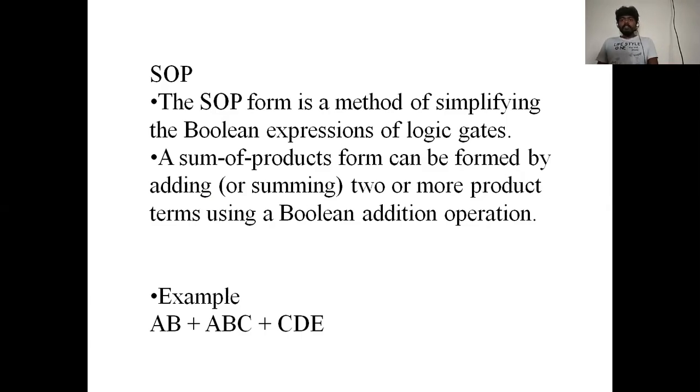In that example, we have a product term AB and another product term ABC, and one more product term, that is CDE, right? We are adding these three product terms to form a sum of product. This is the idea behind the sum of product, right? Here we are adding these product terms.